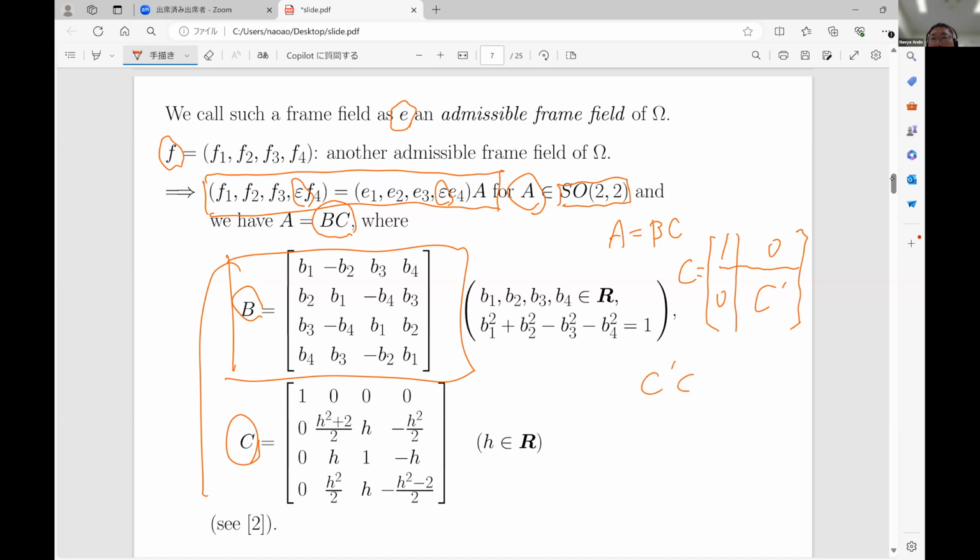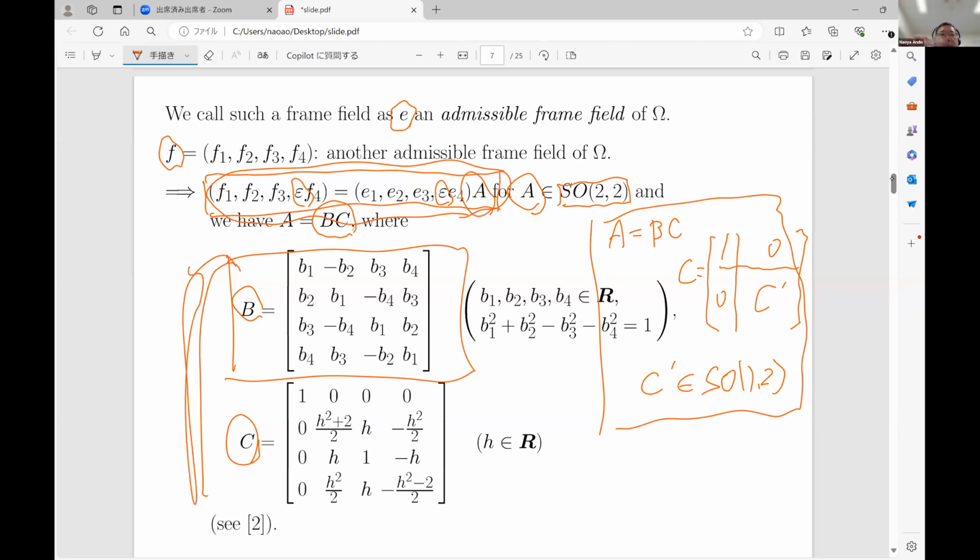C prime is SO12. This is the general situation. In particular, the relation between E and F is given by this relation, and A satisfies... A is given by these B and C.